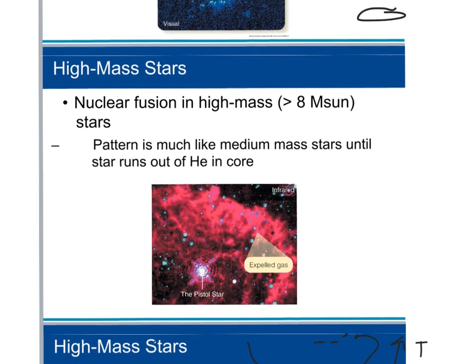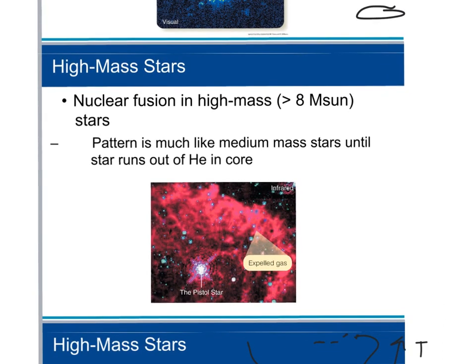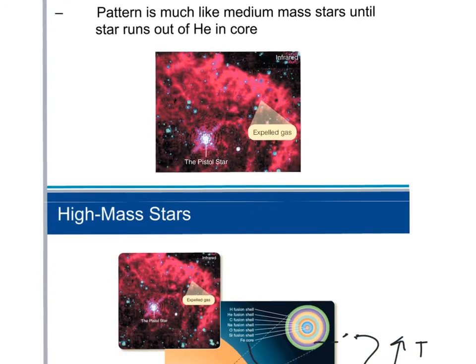So high mass stars, nuclear fusion in a high mass star is really prolific. It's greater than 8 times the mass of the sun, and it gives off a pattern much like a medium mass star does until the star runs out of helium in the center. And we see that nice little red picture that it creates.